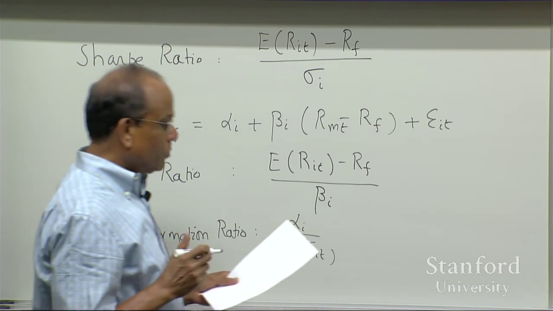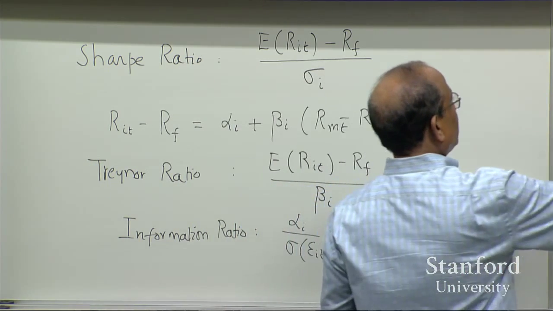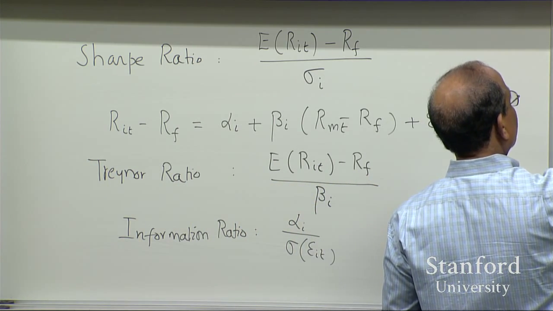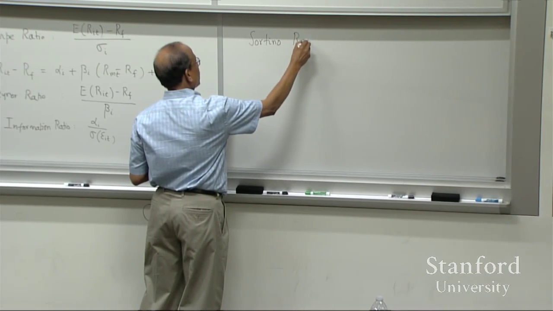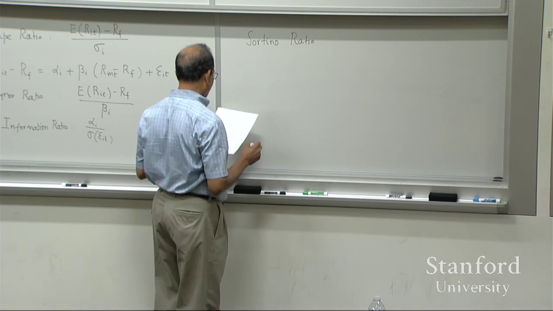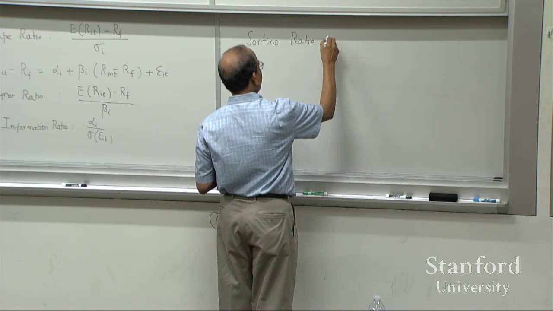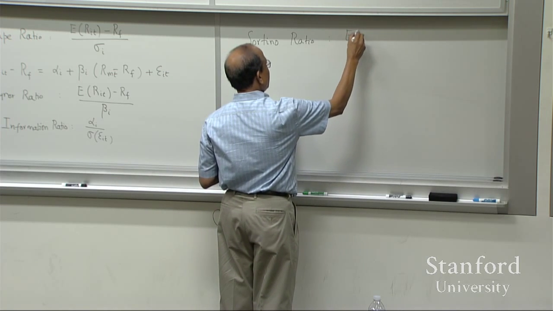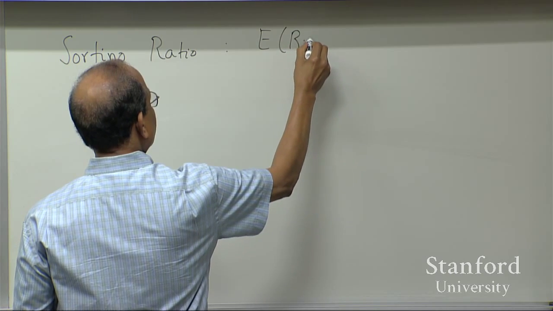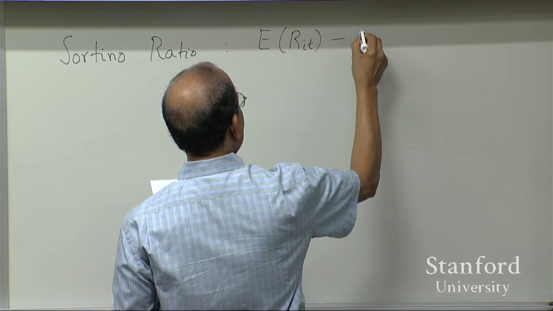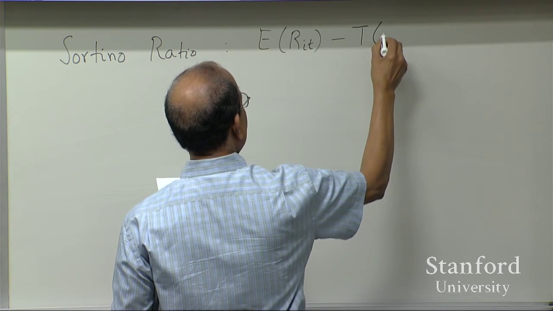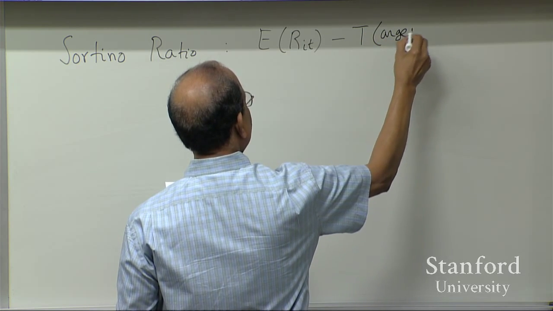Let me give you one more that's used here. This is known as the Sortino ratio. It is given broadly as the expected value of this average return minus some sort of target value, which I'm going to write as the target number.